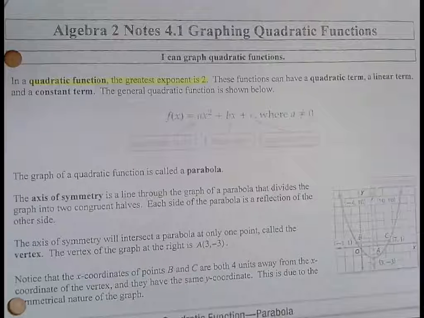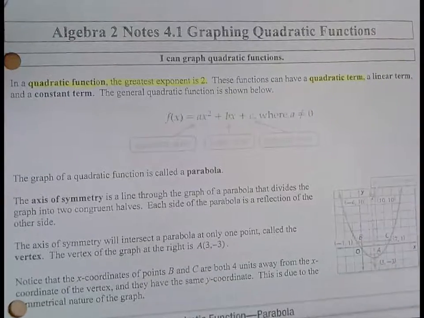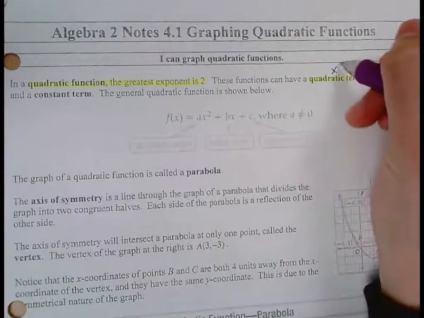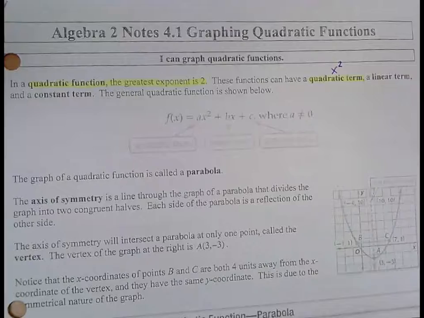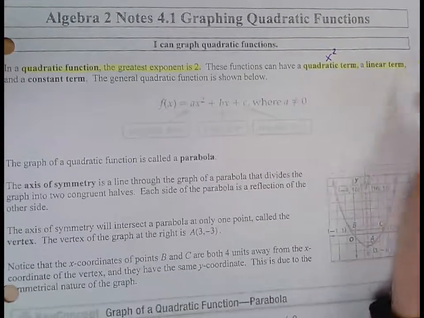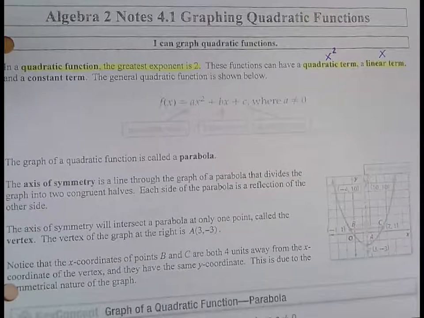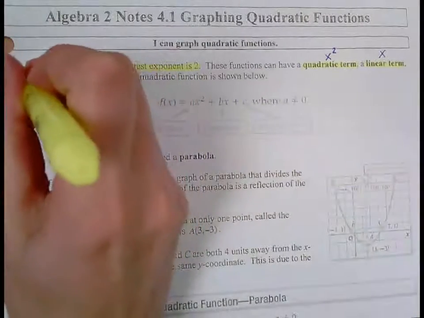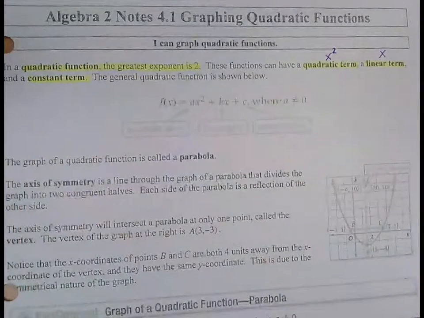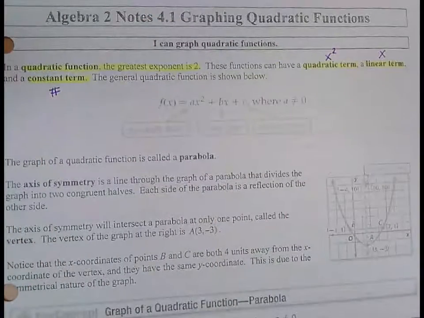It is possible that 1 or 2 of the terms are missing, and that would mean those terms are like zeros, but these functions will have a quadratic term, the term that has the x squared, or again, whatever your variable is, squared. And then they will have a linear term, the term that just has x, or x to the first power. And then they will also have a constant term, the term that doesn't have a variable, so this would just be a number.